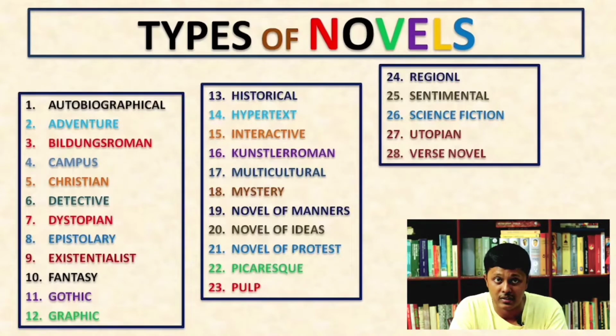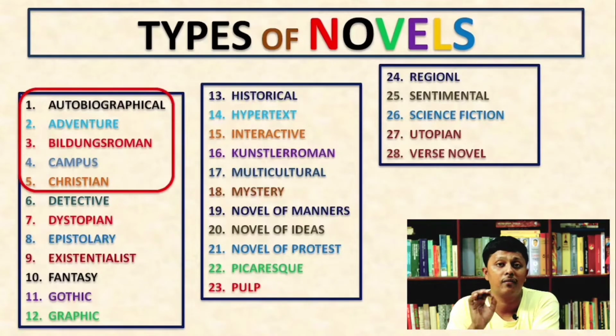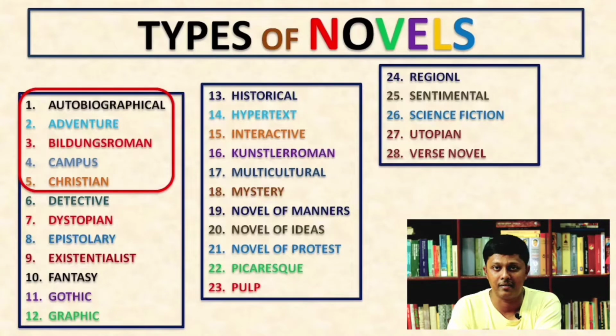There are lots of novels. Still, a lot are left, but I have gathered them in alphabetical order. Interestingly, because we cannot complete all 28 in one single video, I have limited the discussion to only 5 novel types, because you will feel bored throughout the discussion.